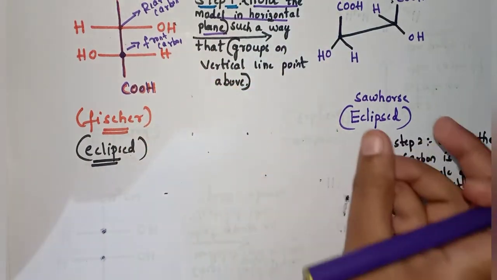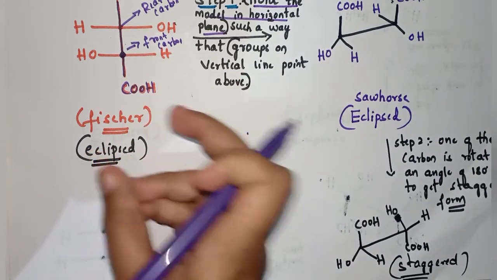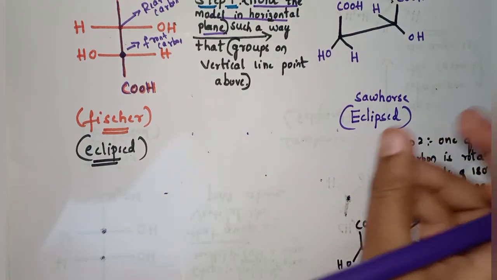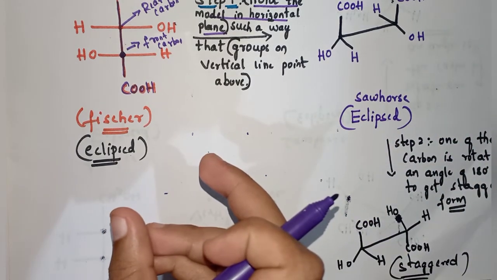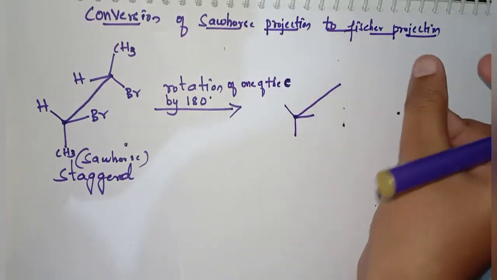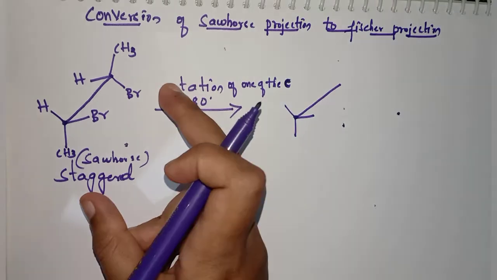If they have given the eclipsed form, then we can easily convert it directly into Fischer projection, but if they have given the staggered form, we have to convert it into eclipsed form first, then convert into Fischer form. Now we have taken the example.